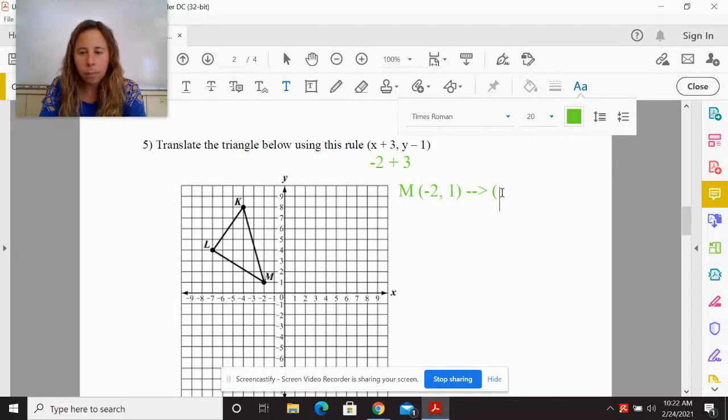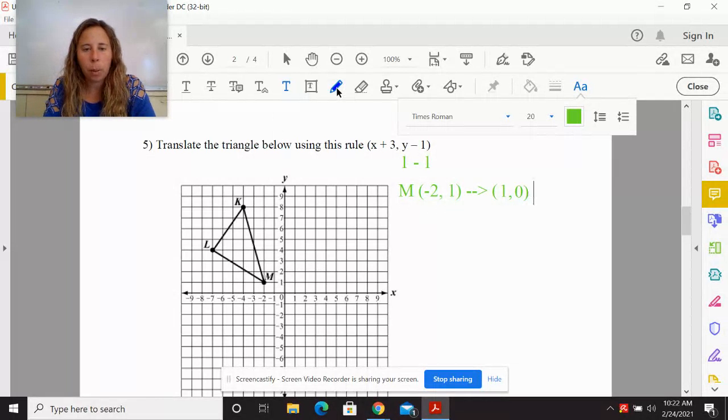And then, to figure out y, you're just going to substitute 1 in for y. You would get 1 minus 1, which is 0. So that's my new endpoint.